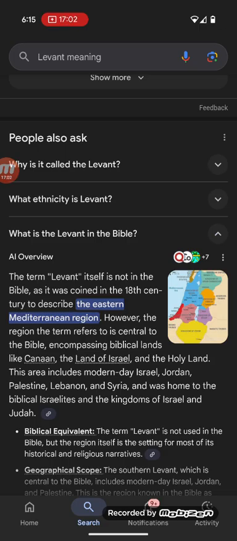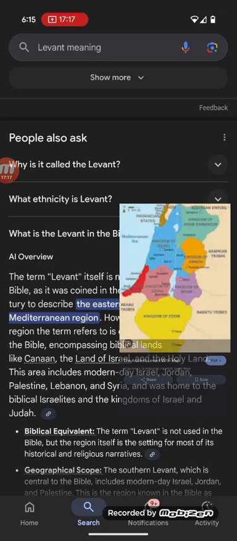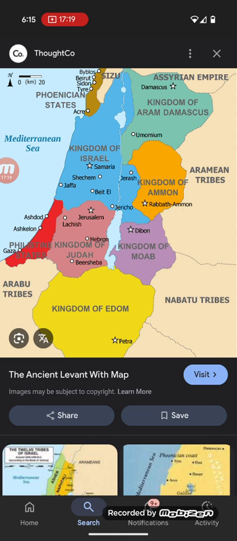This area includes modern-day Israel, Jordan, Palestine, Lebanon, and Syria, and was home to the biblical Israelites and the kingdoms of Israel and Judah. And I'll give you a picture of it just so you can see where it's really talking about. All right.